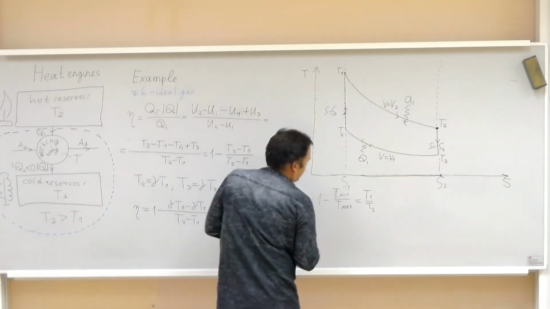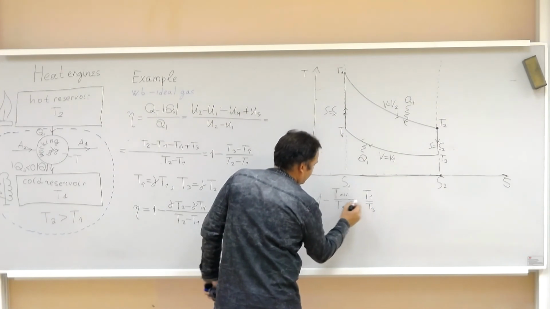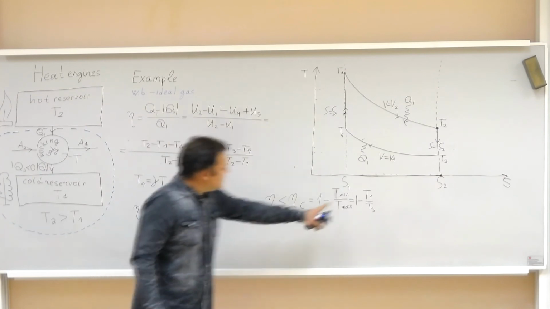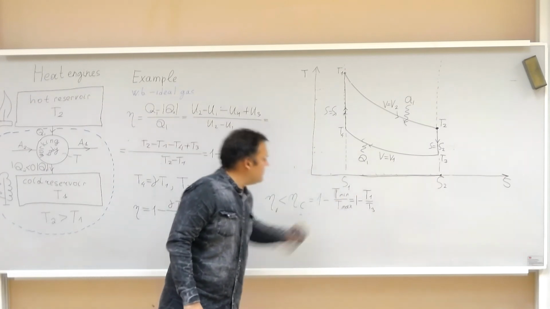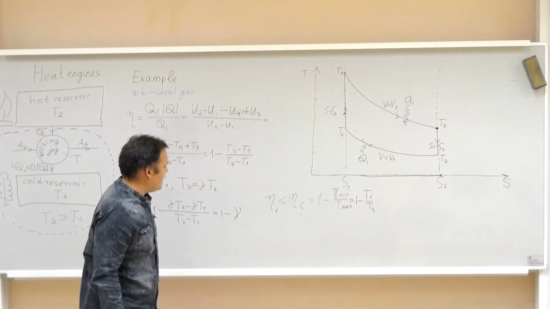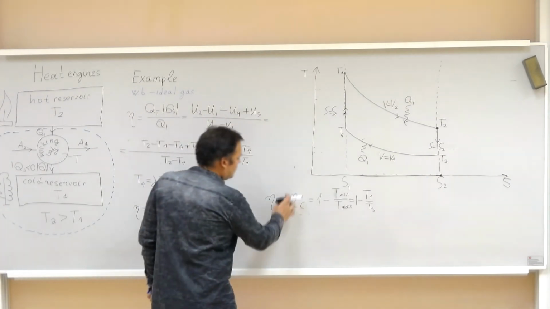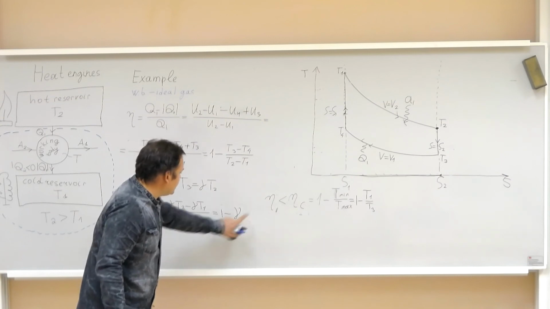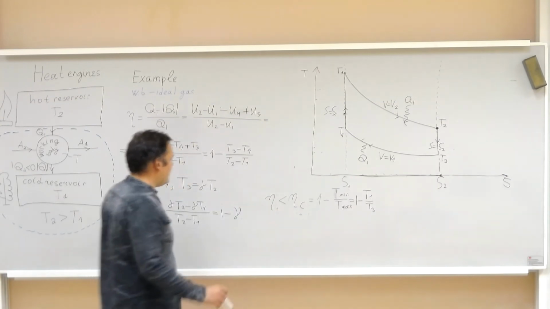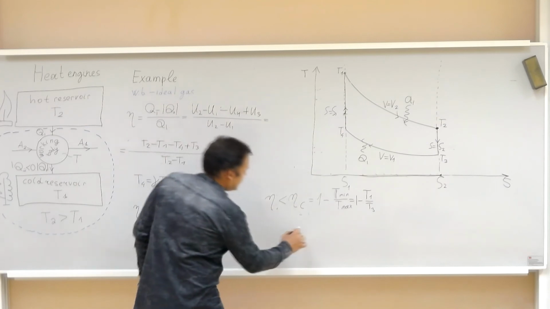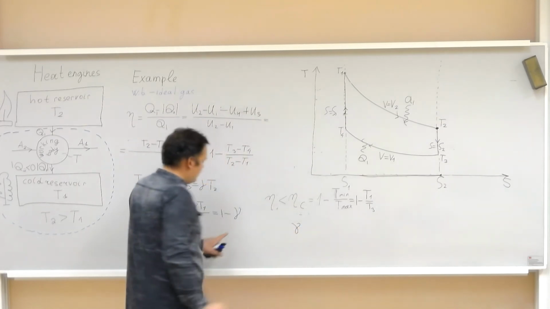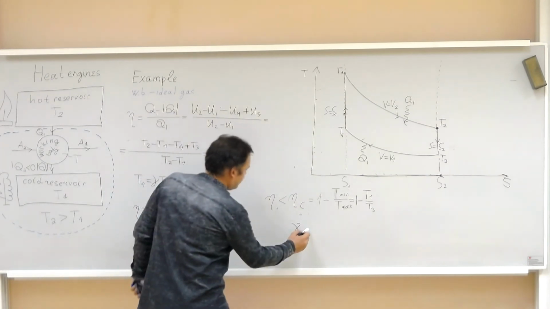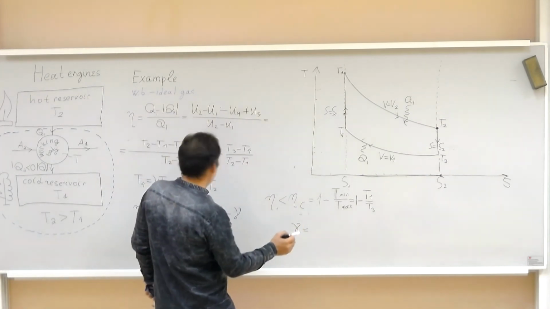Okay, should be 1 minus. And this is for a Carnot cycle with the same maximum temperature and same minimum temperature. And this quantity is higher than the efficiency of our cycle, because gamma is a quantity that we subtract from 1.